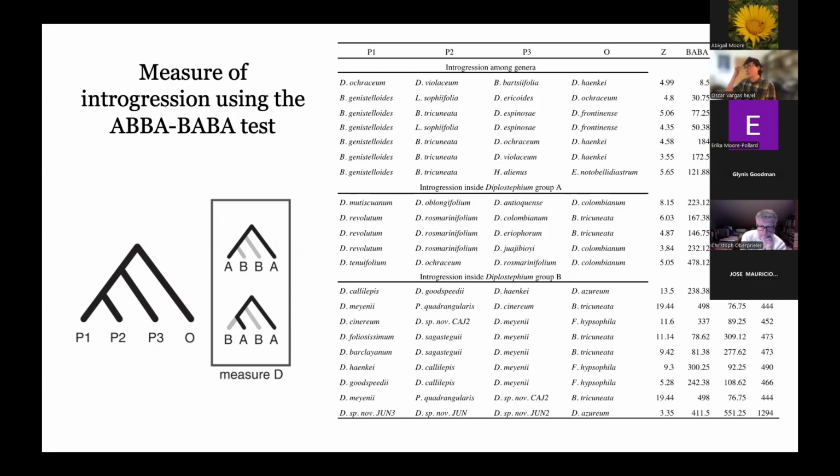So this is the table from the paper, and this is showing that I have evidence for introgression or ancient hybridization among genera, so we call that ancient hybridization. I have introgression inside Diplostephium group A, which is now renamed Linochilus, and also introgression inside Diplostephium group B. If you notice, here there is Diplostephium, this new species, the one that was misplaced in the nuclear phylogeny with Diplostephium cinereum.